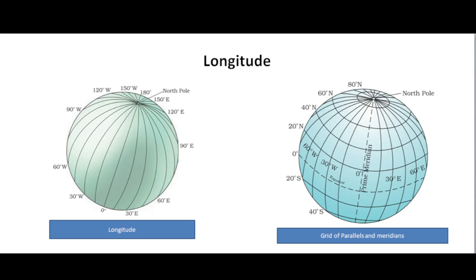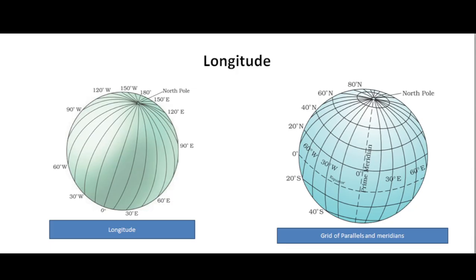Then, longitude. To fix the position of a place, it is necessary to know something more than the latitude of that place. You can see, for example, that Hyderabad in Pakistan and Allahabad in India are situated on the same latitude, that means 25 degrees north.